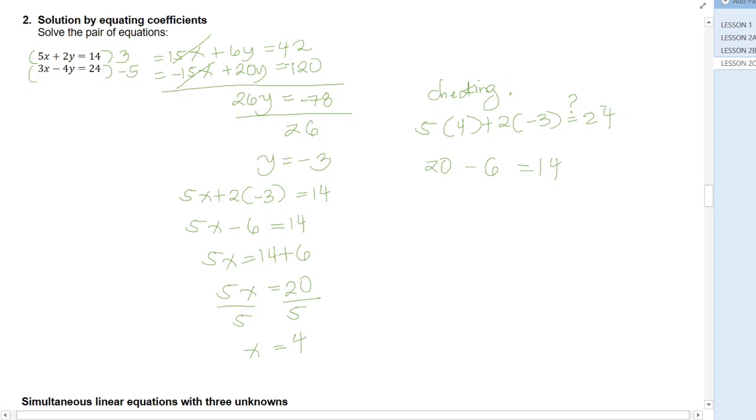So this is supposed to be 14, not 24. Okay, I just mixed it up. That is your first equation, 5x plus 2y is equal to 14. So our answer is 14 is equal to 14. So our values for x and y is correct.